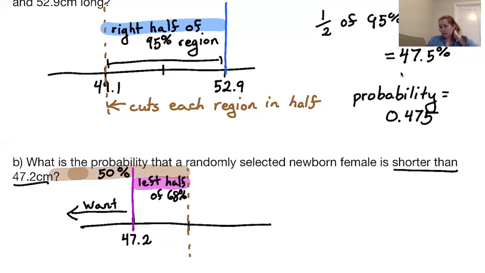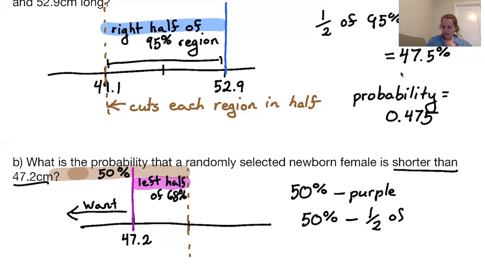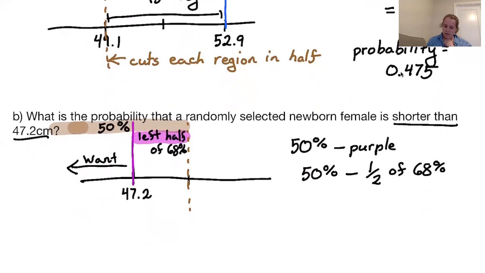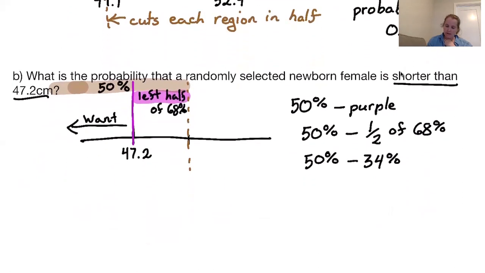We know the entire left half is 50%, and we don't want that purple region. So what we will do is we will do 50% minus the purple region. So we are looking at 50% minus half of 68%, or 50% minus 34%, giving us 16%.